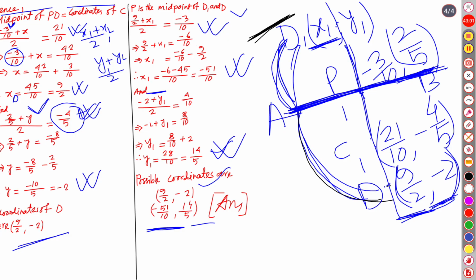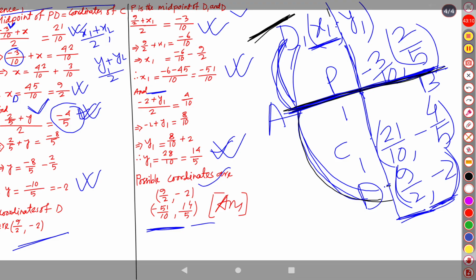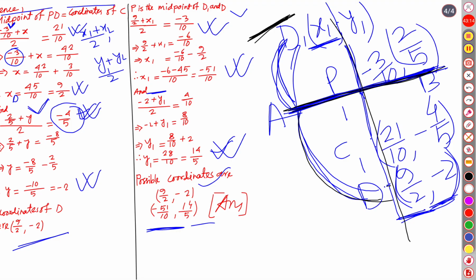If D is over here, then P is at the midpoint, because this is a perpendicular line. D and D1 form a perpendicular line. So the distance from A to D and A to D1 is also equal. That means this line is a perpendicular bisector. This is actually called reflection, reflection in the line AB.